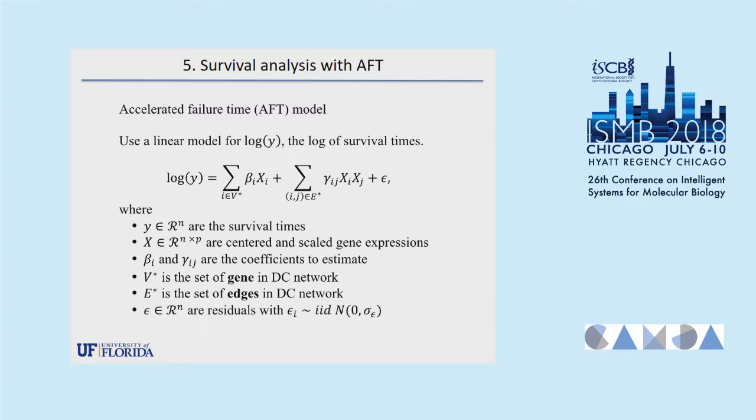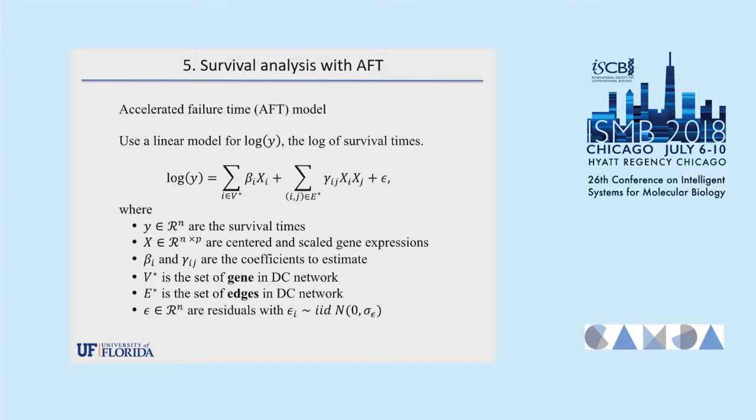So the next step is clinical relevance. So the way we're going to assess clinical relevance is, does that differential network contain information that will help us predict something about survival times? So what we use is just a simple accelerated failure time model. This is a linear model with respect to log of survival time.